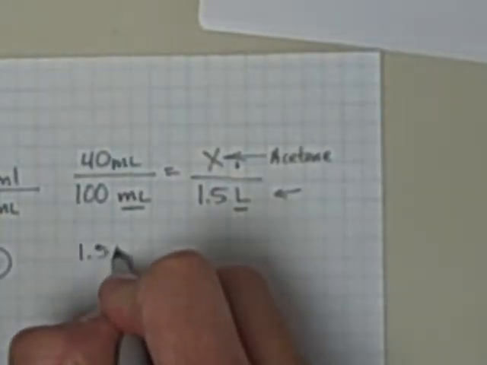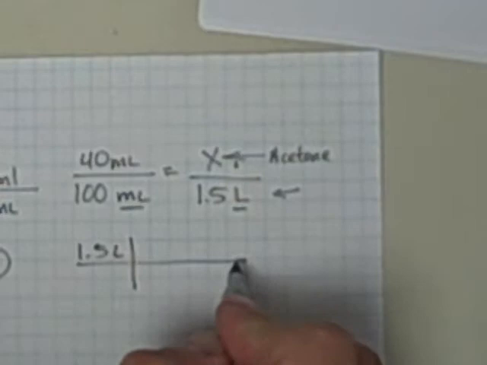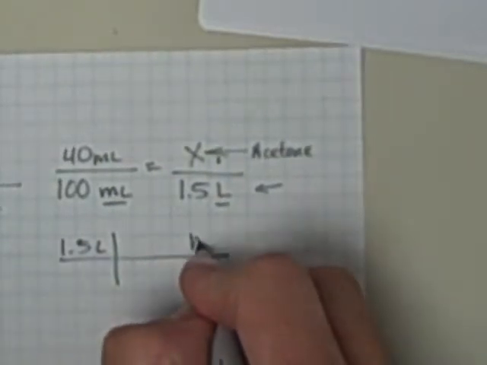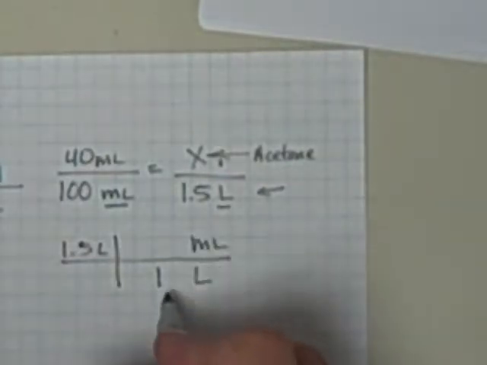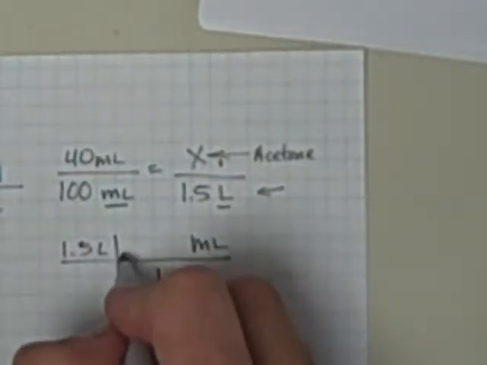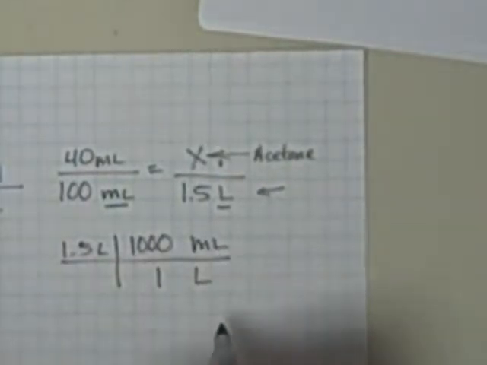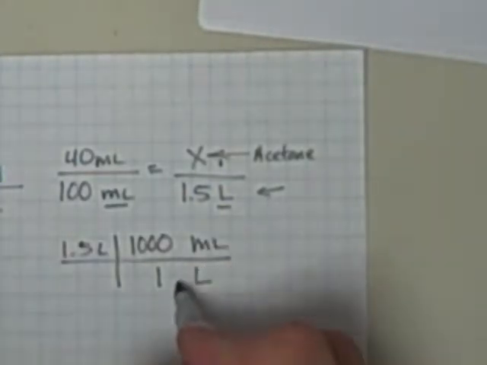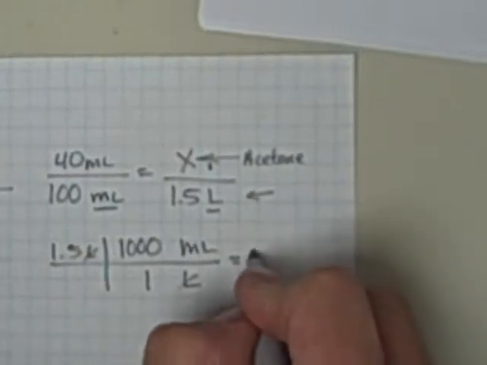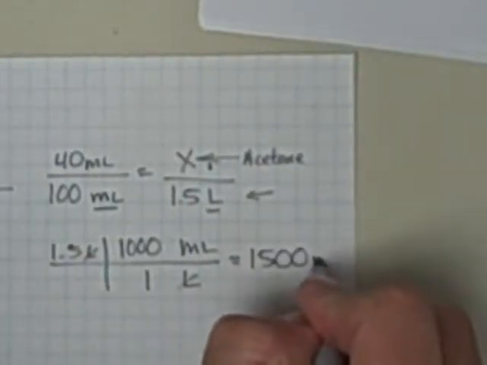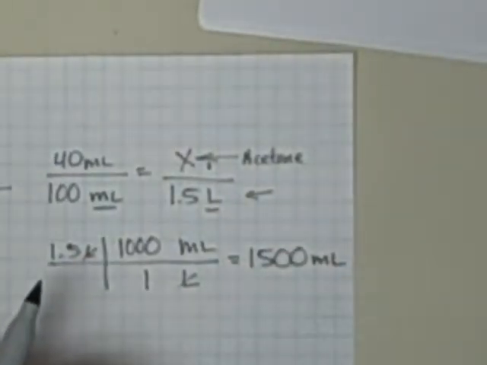So 1.5 liters, and I want to go from liters to milliliters, and I know that that connection or that ratio is that there's 1 liter for every 1,000 milliliters, or 1,000 milliliters in 1 liter. I can cancel out the liters, I do my math, and I end up with 1,500 milliliters.